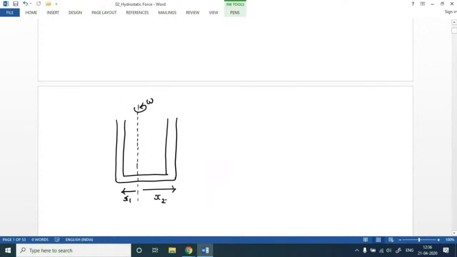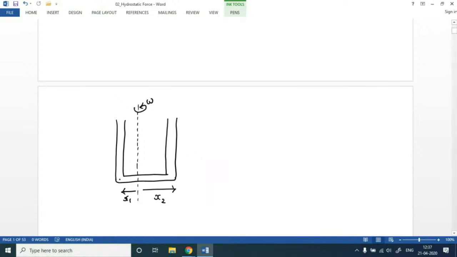If the liquid is filled in this U-tube and the tube is not rotated, like this tube is not accelerated, then we have understood that the level of liquid in both the limbs will be identical. But since it is rotated, there is a horizontal pressure variation.